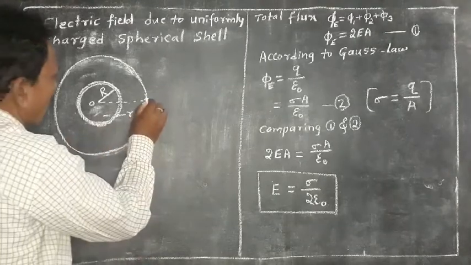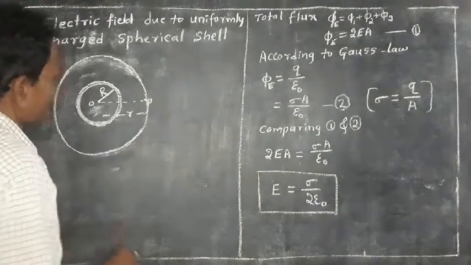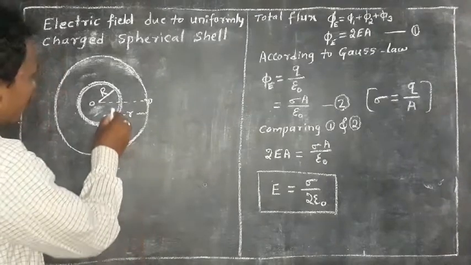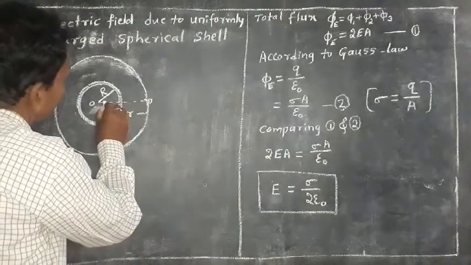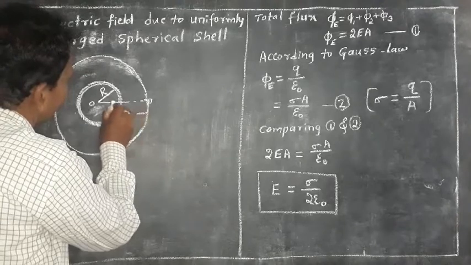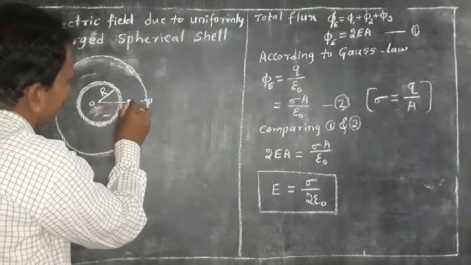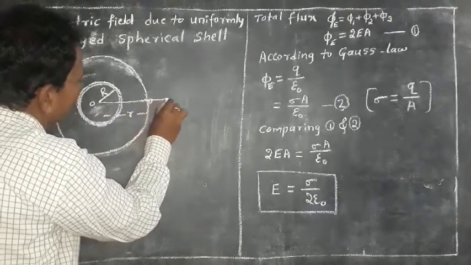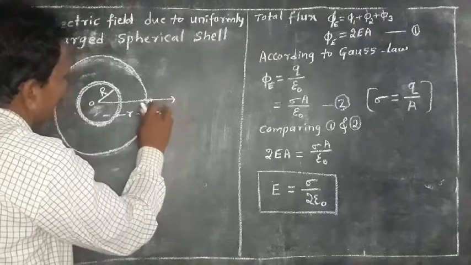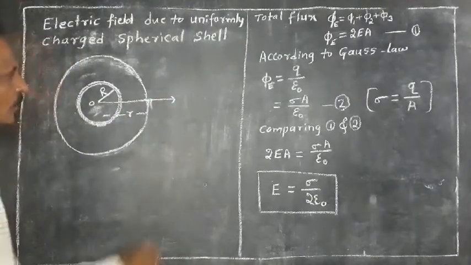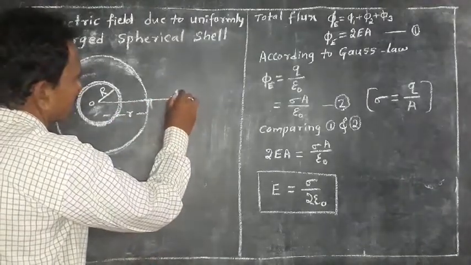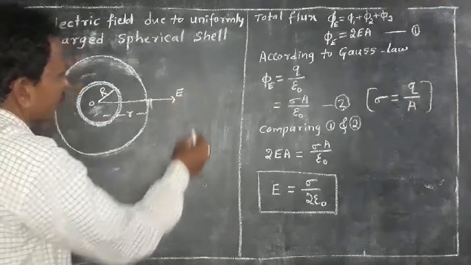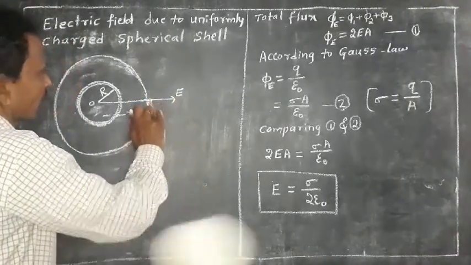Now, here the field vector is along the radius and is directed away from the charge. Therefore, the field vector is radial outward.